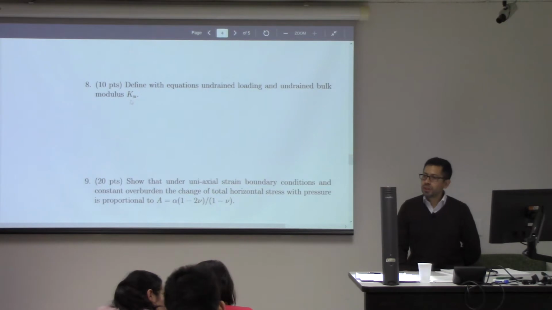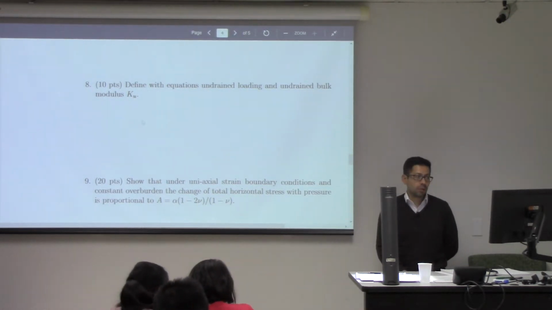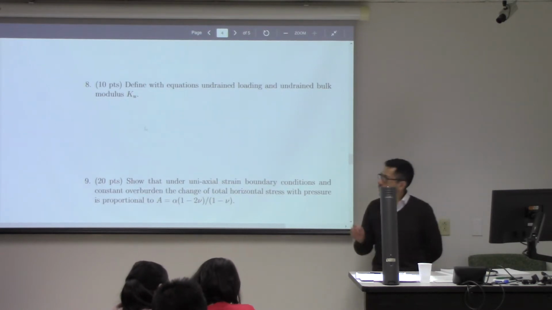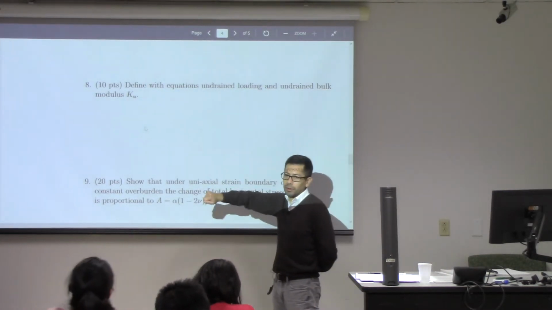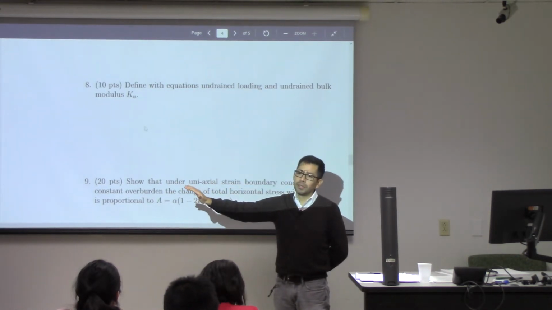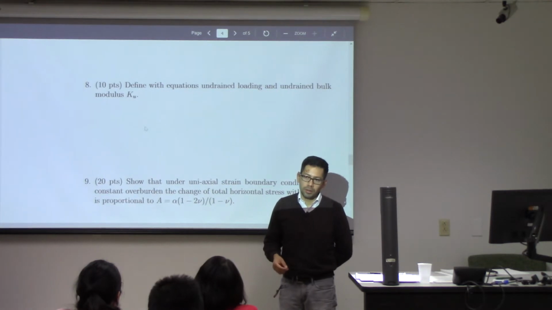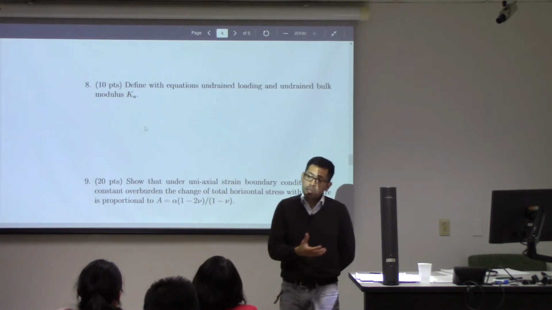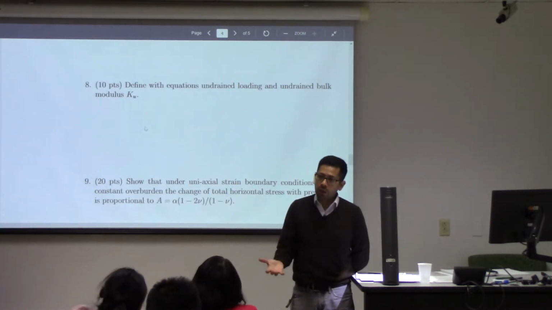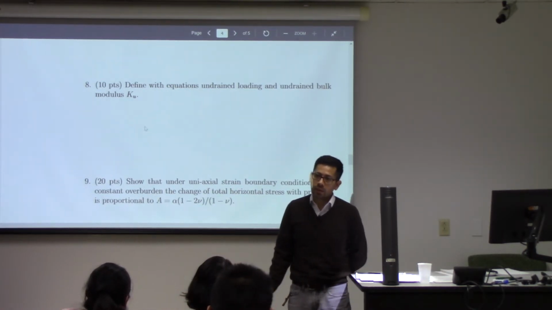Okay, so this is what we just saw, right? Undrained bulk modulus. Here I'm not asking you to derive all of what we did in class. It's just to define, right? So what is Ku? How do you define Ku? It's a bulk modulus, but with undrained loading. That's it.